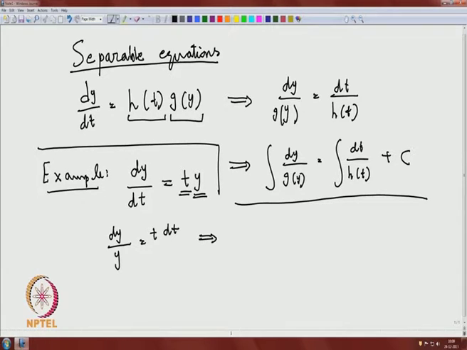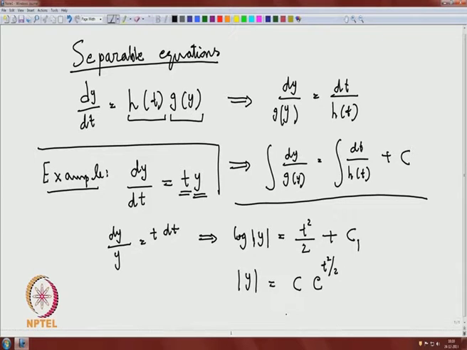That implies you always do this procedure of log mod y in general. Log mod y is equal to t square by 2 plus a constant, and then you do the normal procedure. Mod y is equal to e power of the constant, say c1. You can write mod y is equal to some constant c into e power t square by 2.